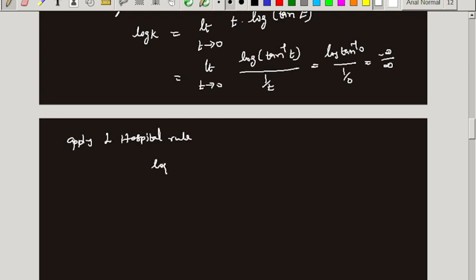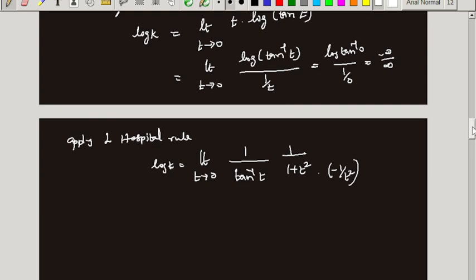So log k on the left hand side, limit t tends to 0. So here the differentiation of log is 1 dividing by tan inverse of t, the derivative of tan inverse of t is 1 dividing by 1 plus t square, and here 1 by t is in the denominator, we get minus 1 by t square.